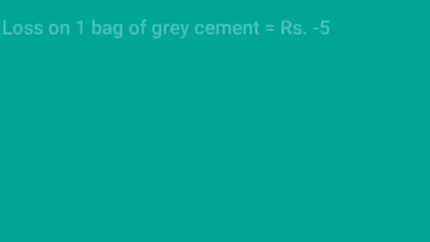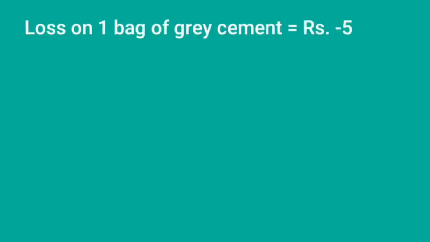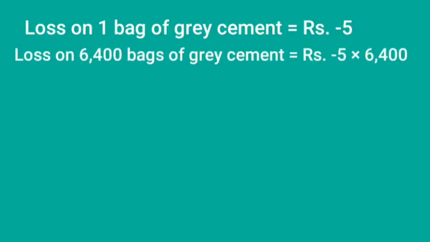First statement: loss on one bag of grey cement is equal to rupees minus 5. Next statement: loss on 6,400 bags of grey cement is equal to rupees minus 5 multiplied by 6,400. Here both the numbers have different signs.